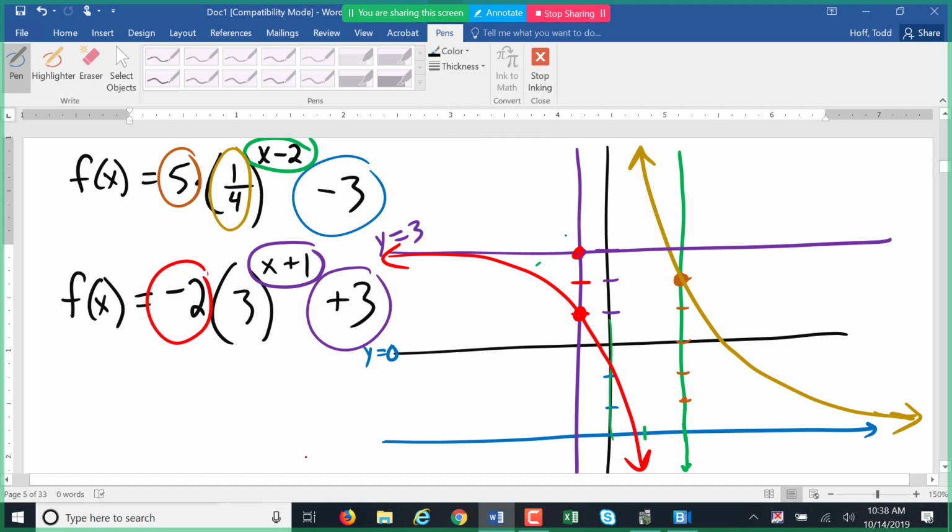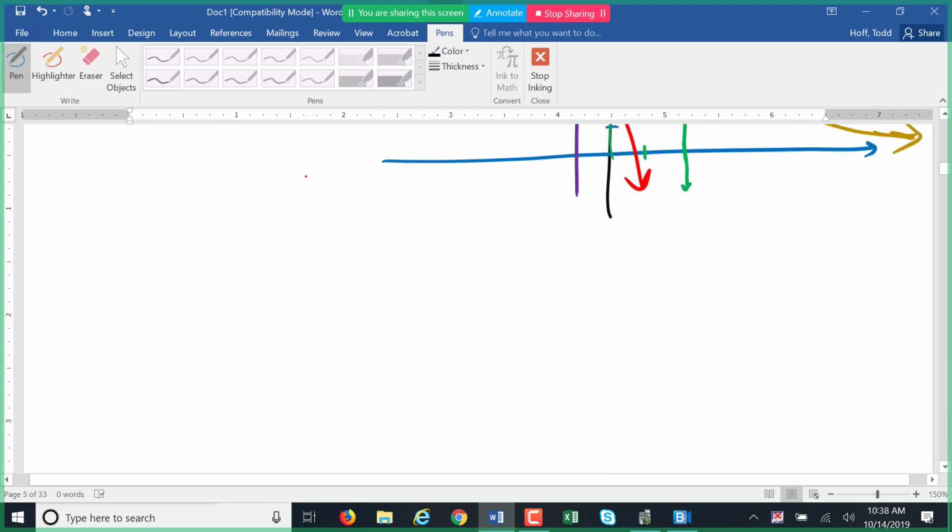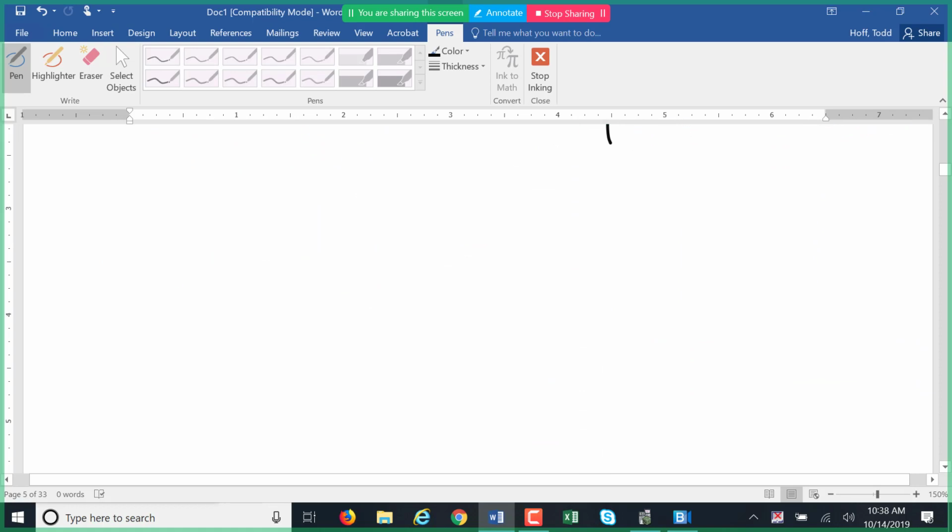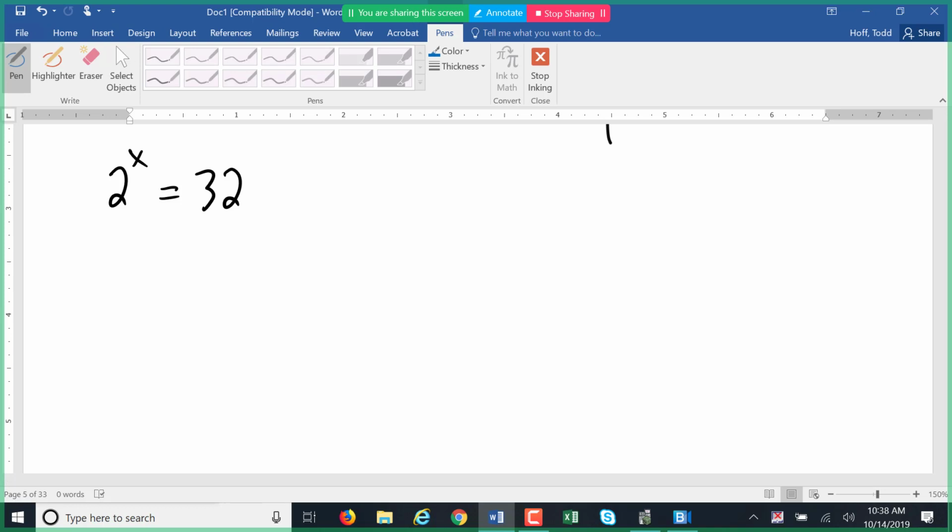Let's talk a little bit about solving an exponential. Many of our exponentials can be solved when they're in this form, 2 to the x equals 32, by taking the other side of the equation and turning it into an exponent with the same base. What do I mean by that?